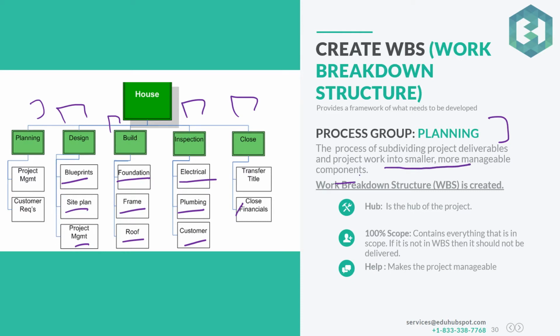Why this is important is, when I divide my project work into deliverables, this helps me. For example, I can say, okay Mr. A, you are responsible for the blueprints. Okay Miss B, you are responsible for the foundation.